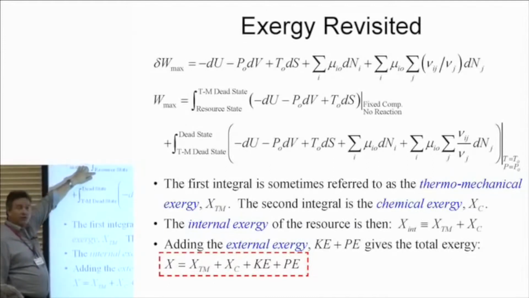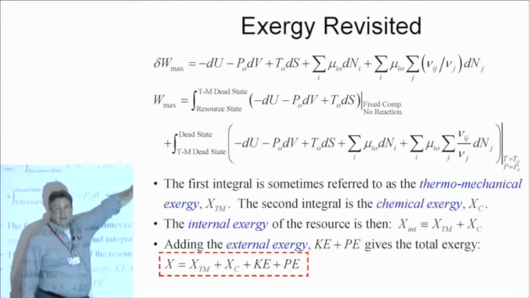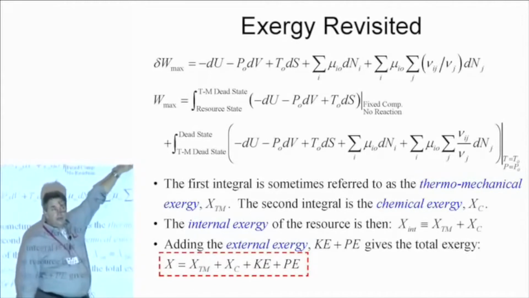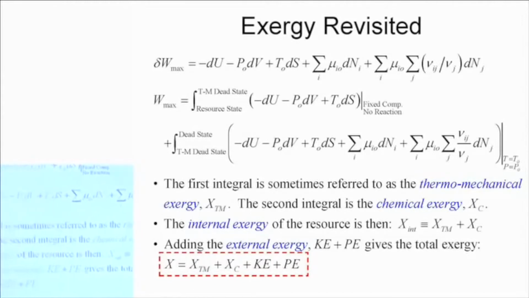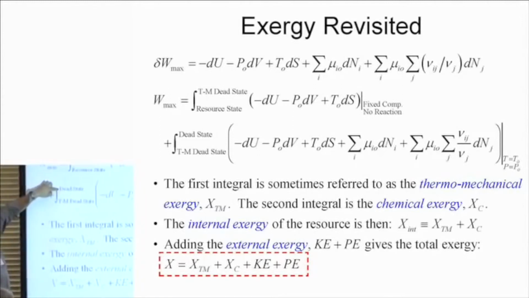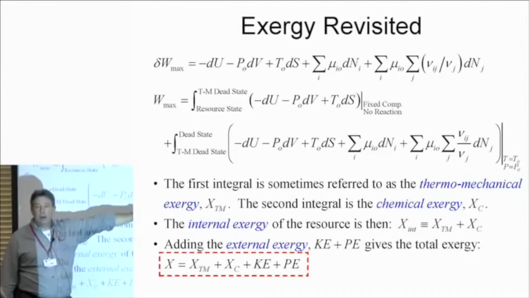So from the resource state, what it originally is, to the thermomechanical dead state at fixed composition with no reaction. No reaction means no change in mole numbers, so these two terms are gone. Second part, from thermomechanical state to the ultimate dead state, we'll do the whole thing, but isothermally and isobarically at the conditions of the environment.